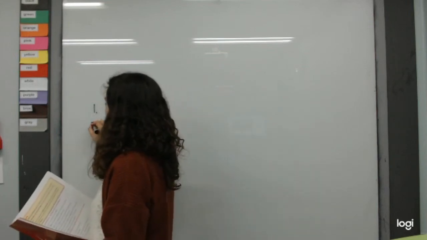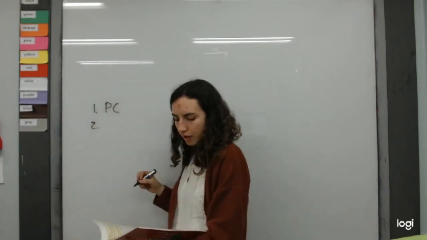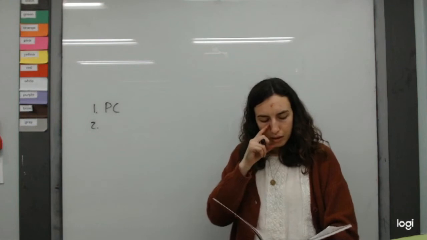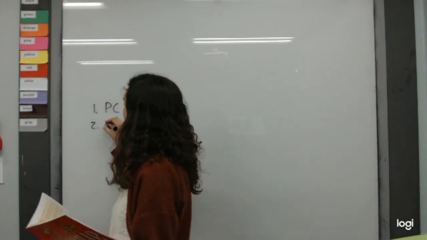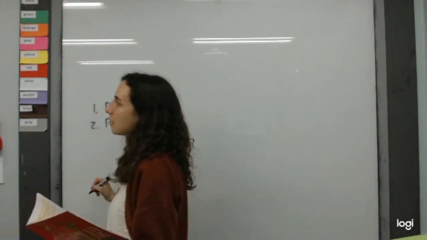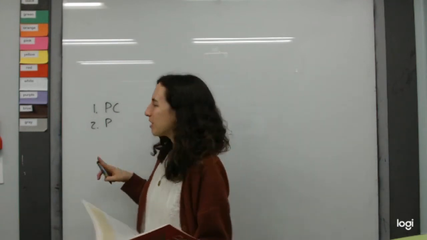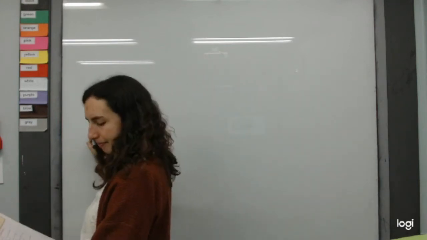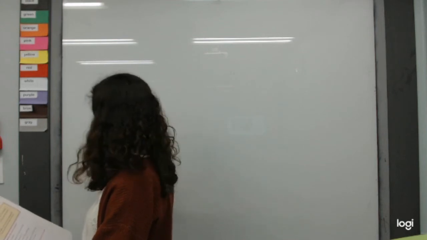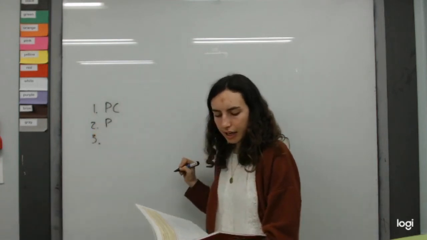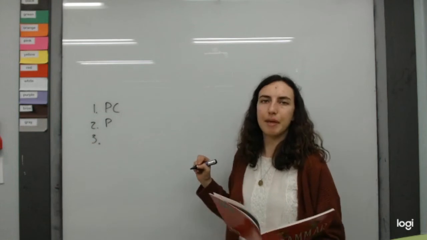The next one, penguins live in cold places. We see live. Live is present tense. Penguins now live in cold places, okay? So we can use present tense, P.